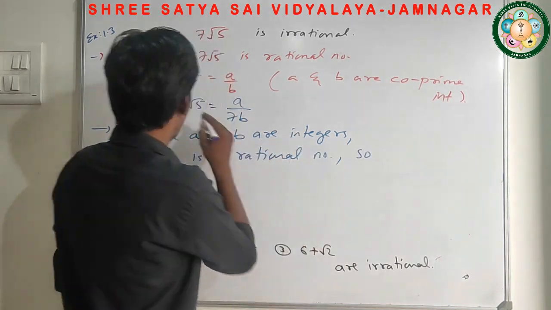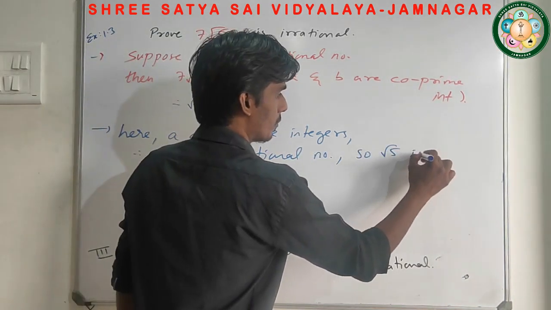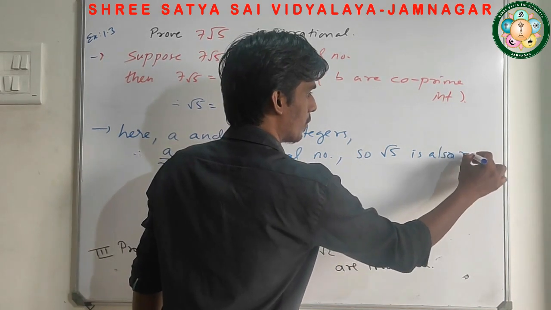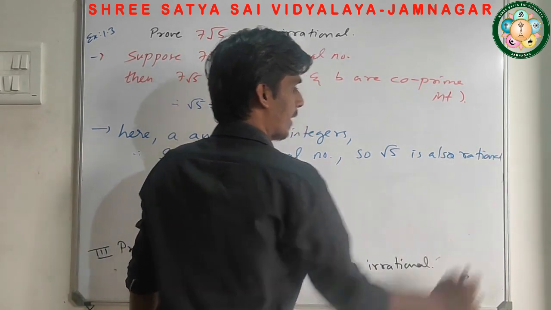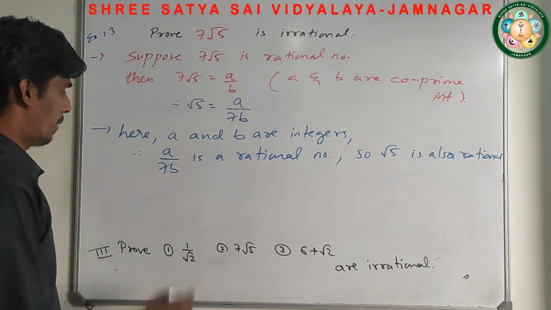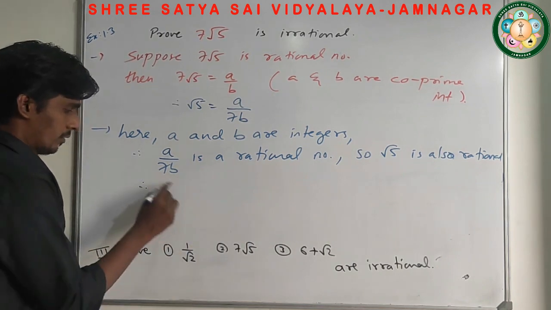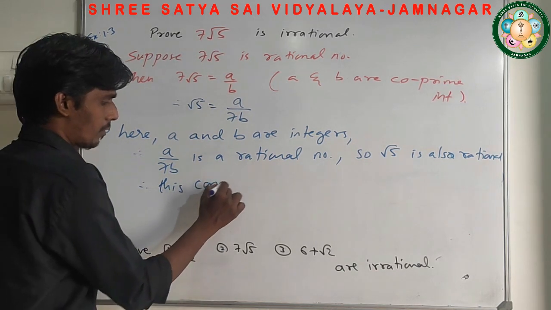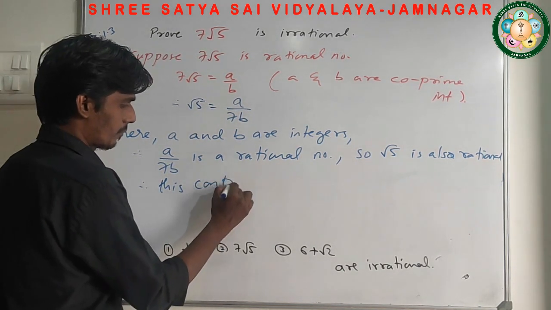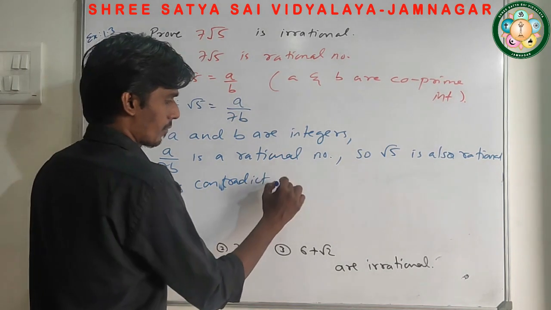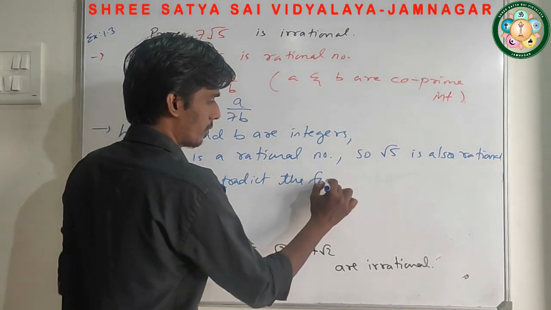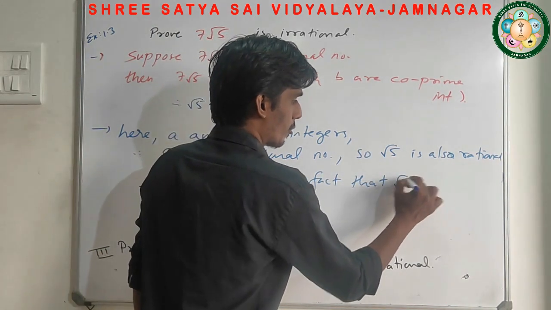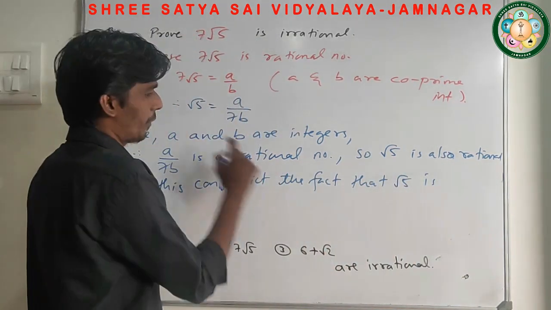So root 5 is also rational, but according to fact, this contradicts the fact that root 5 is what?